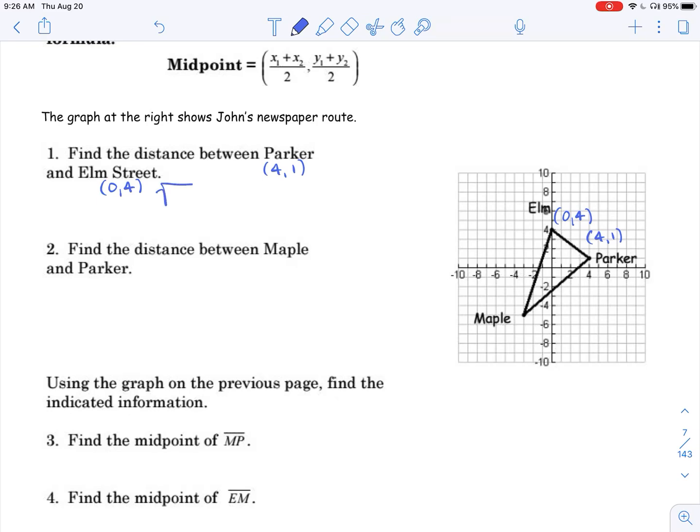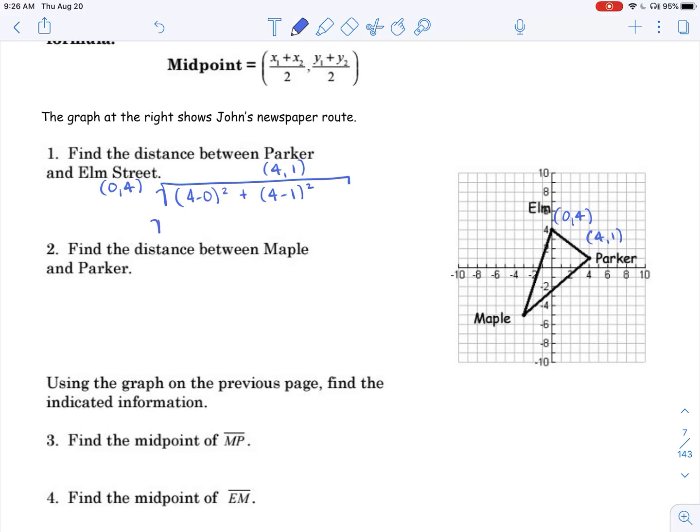So I'm going to go ahead and set this part up, and I'm going to do x minus x. I'm going to leave it as 4 minus 0 squared plus 4 minus 1. Instead of doing 1 minus 4, either way you're going to end up with a 3. So whether it's 3 or negative 3, whenever you square it, it's going to come out as a positive 9.